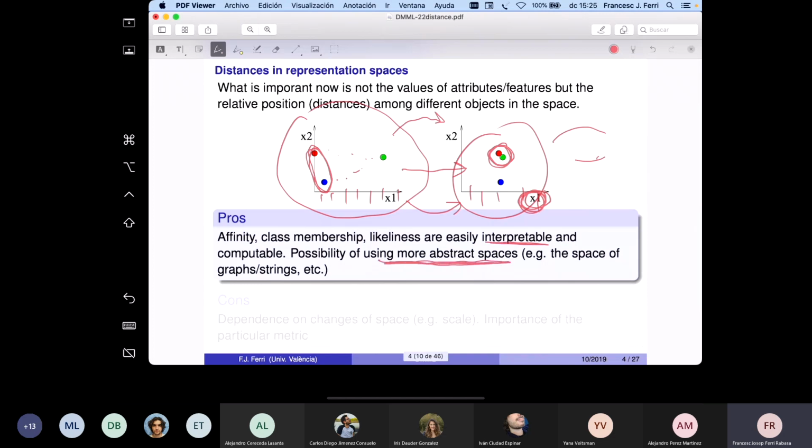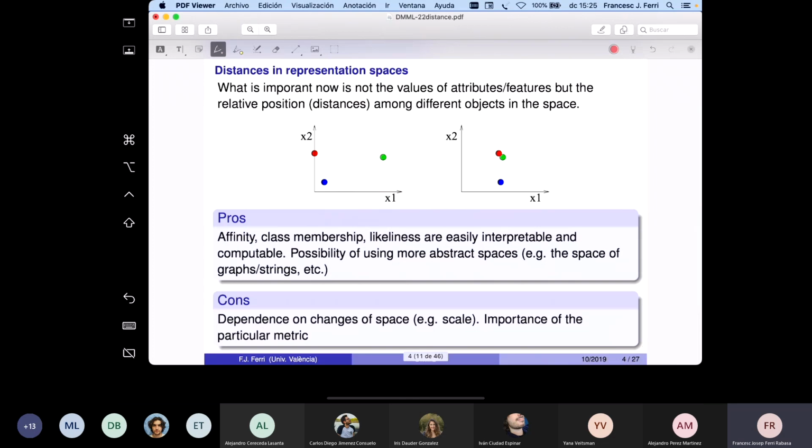I mean, we are not restricted to representations which have dimensions. We can measure distances between anything. For example, distances between strings, distances between graphs, distances between text files, etc., etc. If we can measure distance, we can classify just with these distances. Okay?